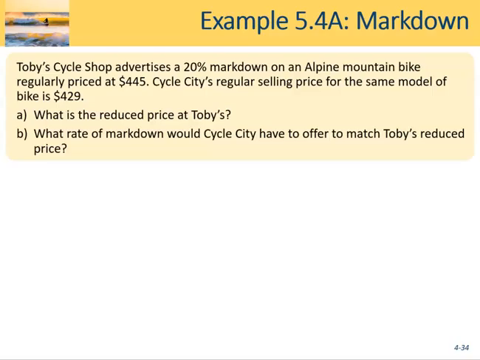So we're looking at two different bike shops here, okay? So what is the reduced price at Toby's? Toby's Cycle Shop advertises a 20% markdown on its bike that has the regular selling price, or the list price, of $445. What is the reduced price at Toby's?